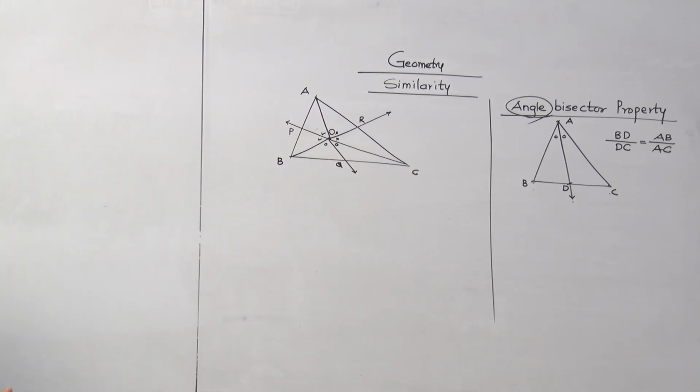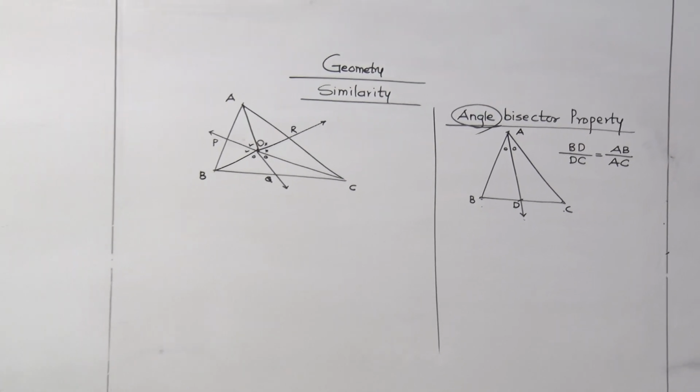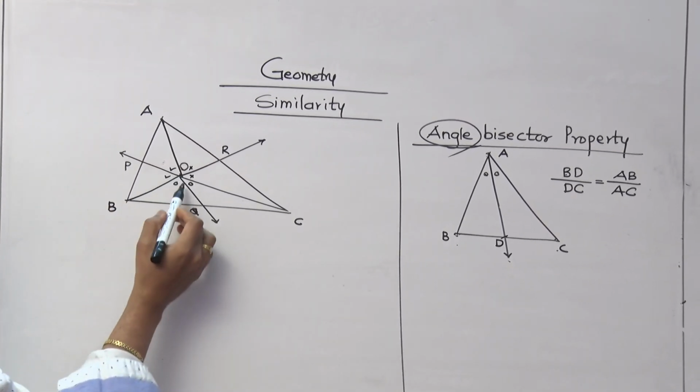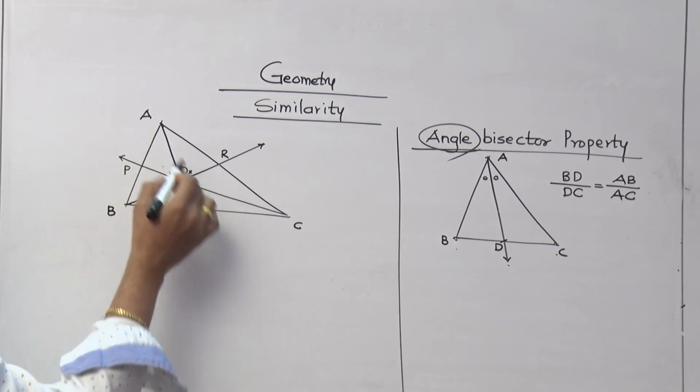Again I repeat, O is any point in the interior and OP, OQ and OR are the bisectors of these angles.